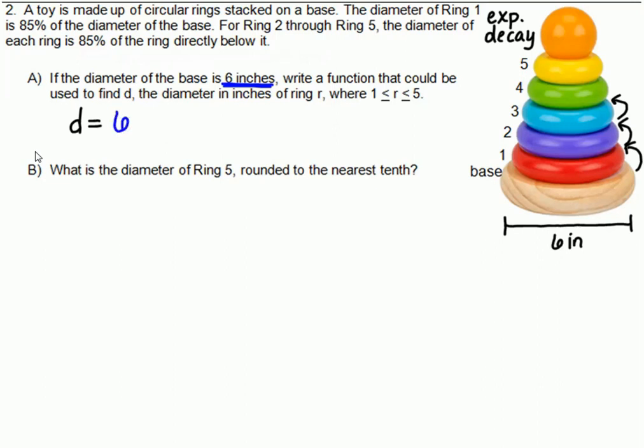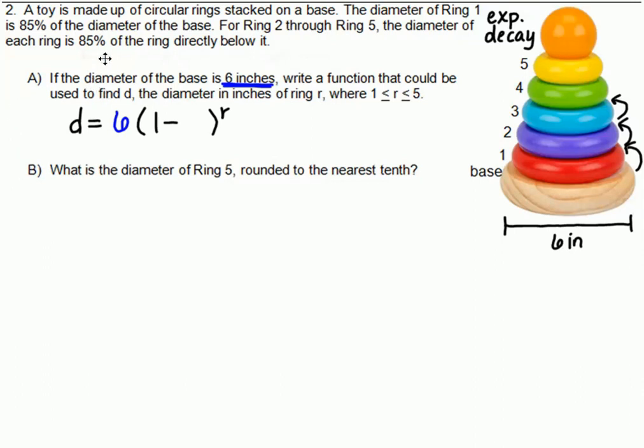Since it's exponential decay, I'm going to start with 1 and subtract. And then the independent variable will be R, where R represents the ring number. So the only thing we have left to fill into our function is the percent at which the ring diameter is decreasing. Now be careful, it tells you that the rings are 85% of the ring below it.